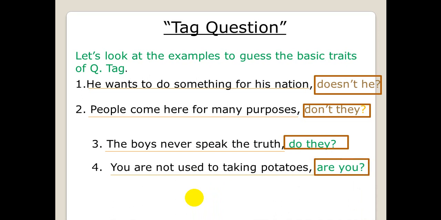So in the next two sentences, the statements are negative, but the tag questions which are given inside the rectangular shape are affirmative, right? So remember, if the statement is affirmative, the tag question is negative, and of course if the statements are negative, the tag questions are affirmative. These affirmations and negations are shown through mathematical signs, plus, minus. Okay.